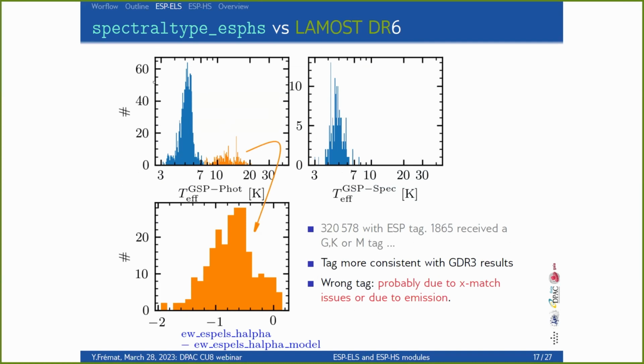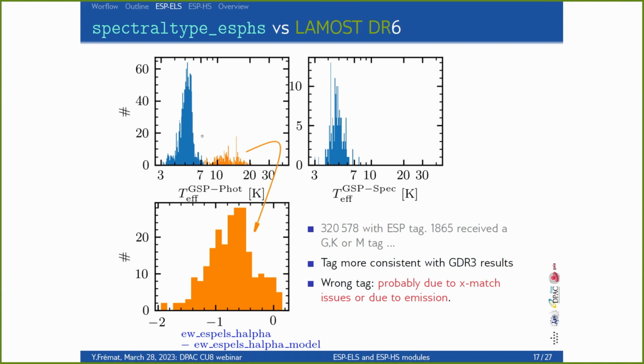what I did here is just extract the F, G, K type stars, which apparently received a wrong spectral type tag, and I checked the effective temperature provided by GSP-FOT and GSP-SPEC. What is obvious is that this spectral type tag seems to be consistent, at least with the results provided by the other modules, meaning that the problem is mainly due to cross-match issues between these two catalogs.